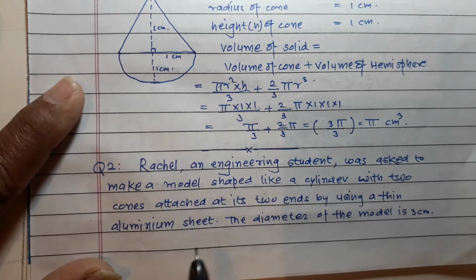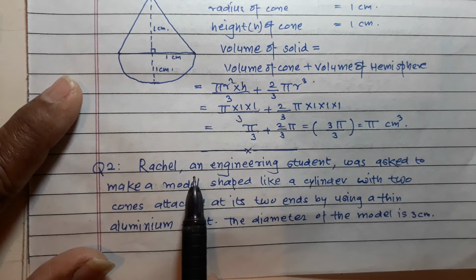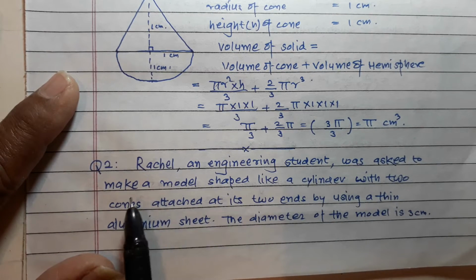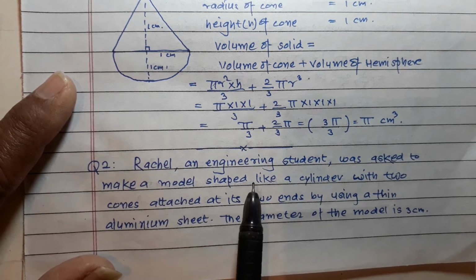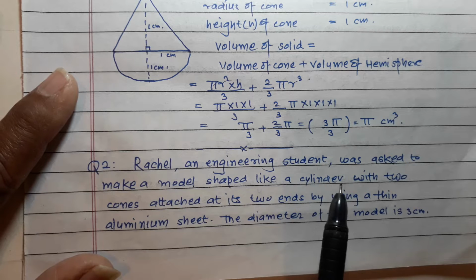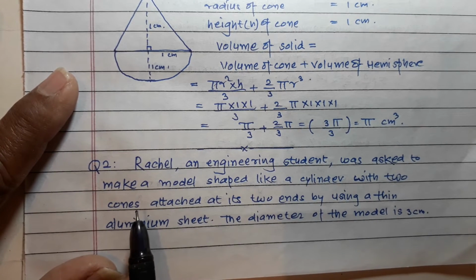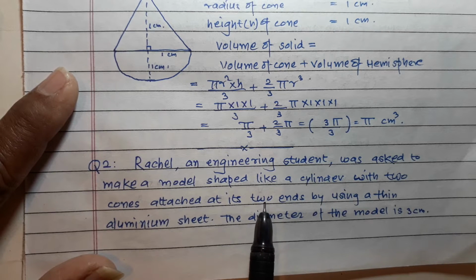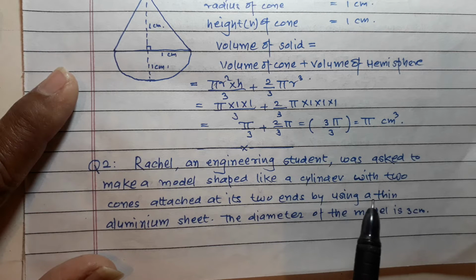Question number 2. Rachel, an engineering student, was asked to make a model shaped like a cylinder with two cones attached at its two ends by using a thin aluminum sheet.